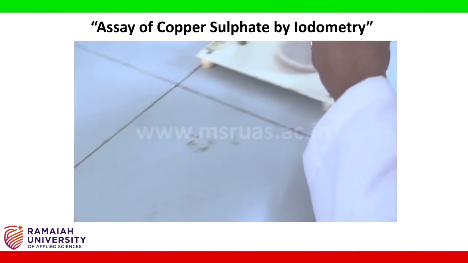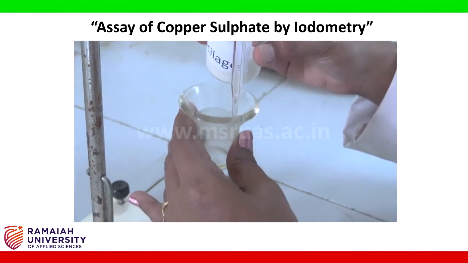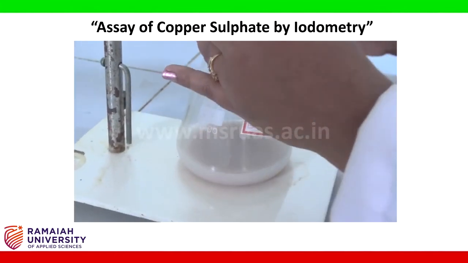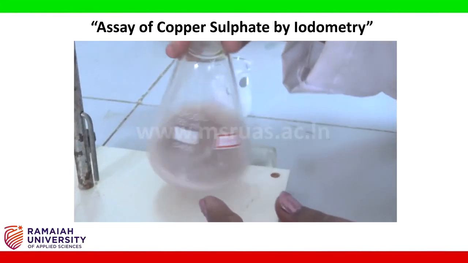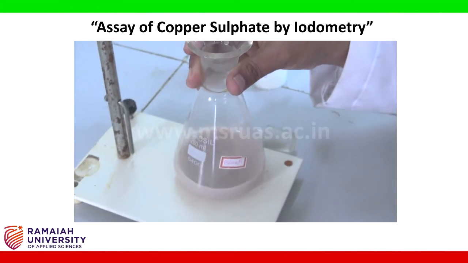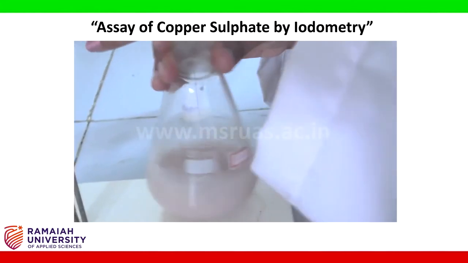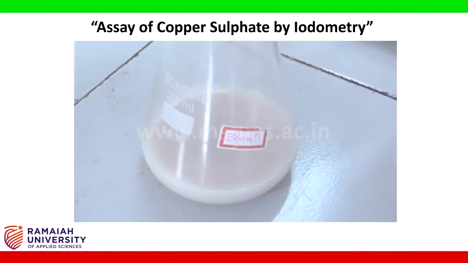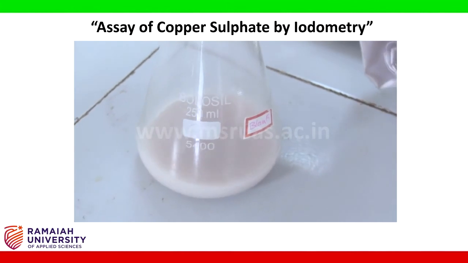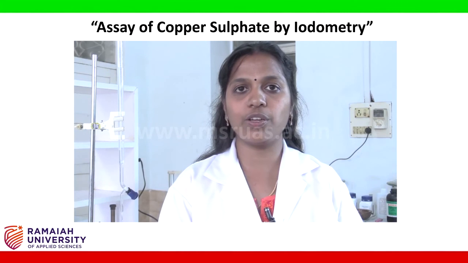Add 1 ml of starch mucilage and titrate till the solution becomes colorless. The endpoint is the colorless solution. This is the procedure to determine the percentage purity of copper sulfate by iodometry.